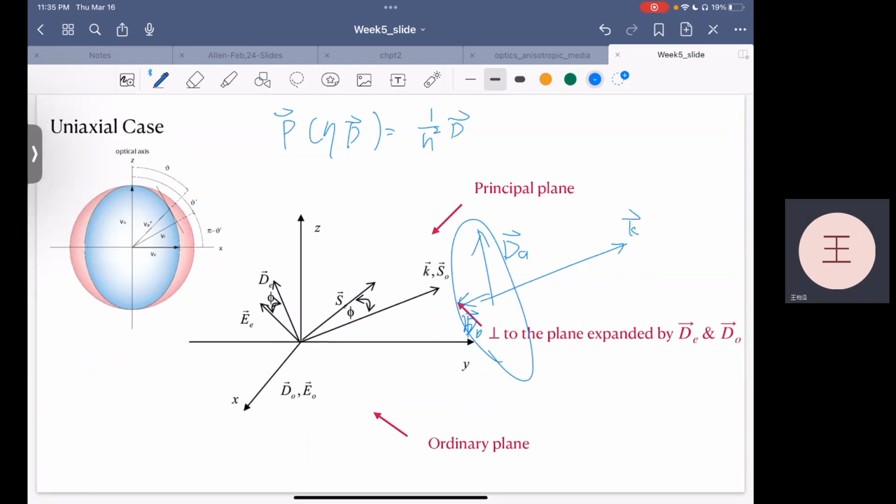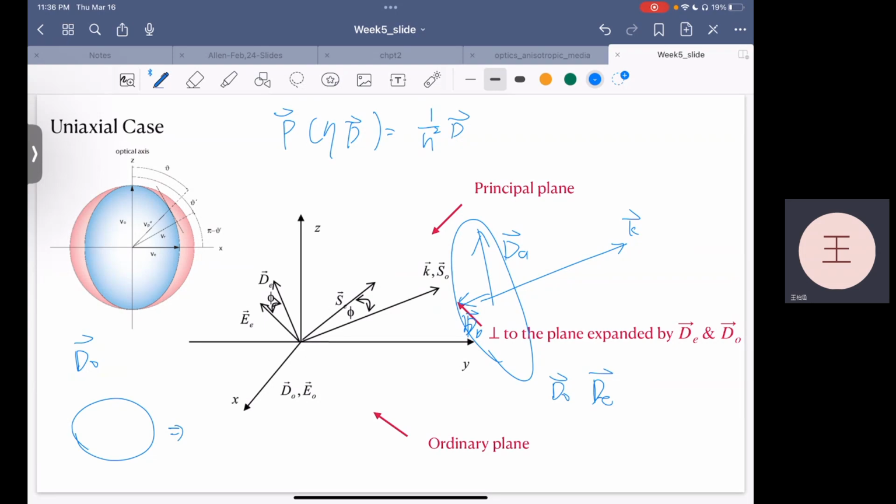Okay, so back to what we discussed here. Given a vector k, it would have a normal plane that is expanded by two normal modes. And since we are talking about uniaxial, this would correspond to DO and DE. And as I have said, for the ordinary cases, any direction of k suffers the same refractive index.